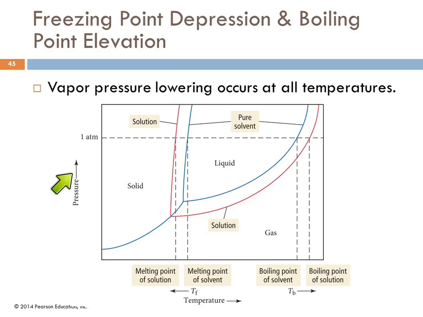My pointer has a mind of its own. So if we take this liquid and we add a solute to it, that lowers the vapor pressure. Let's think about it up here.